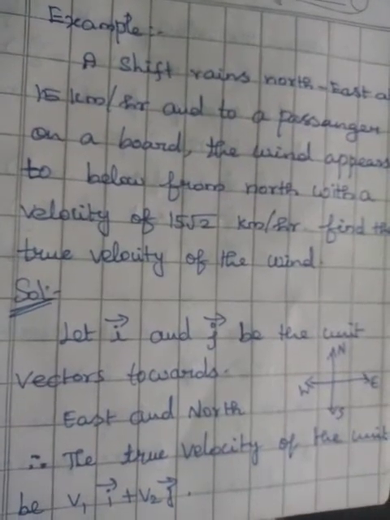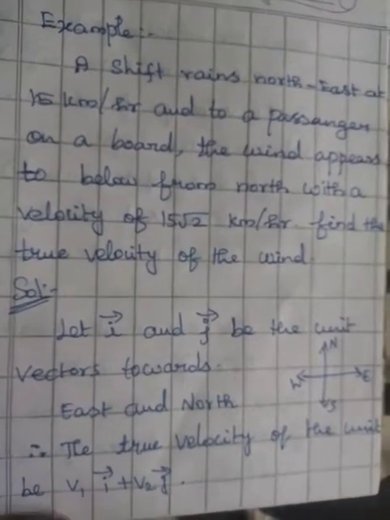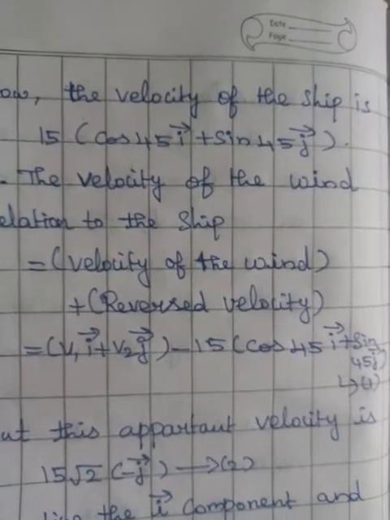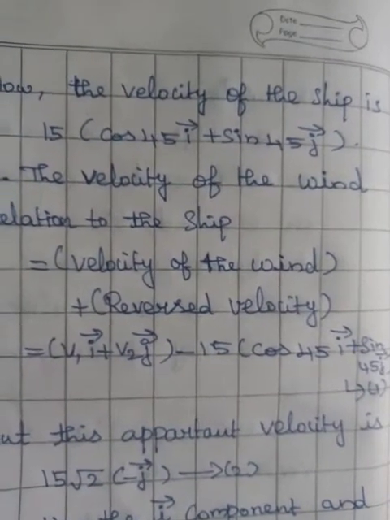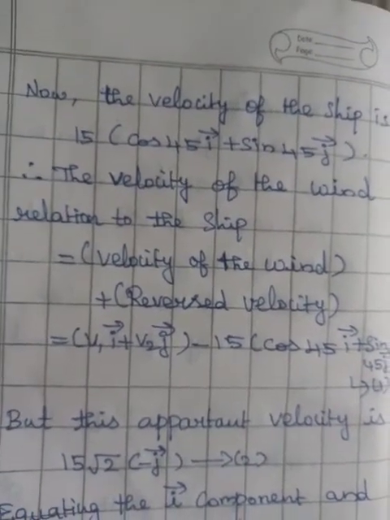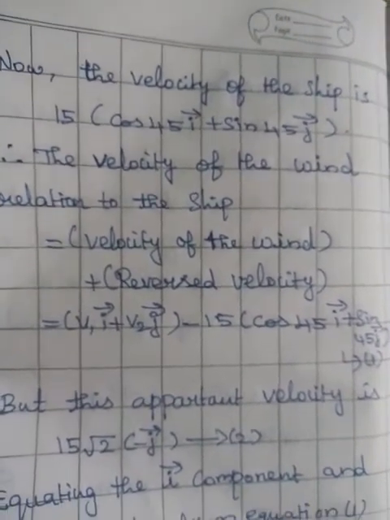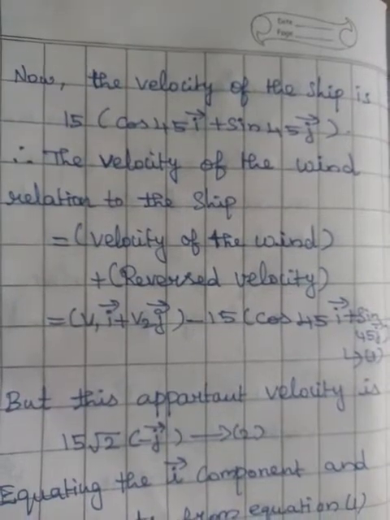Therefore, let the true velocity of the wind be v1 i vector plus v2 j vector. Now the velocity of the ship is 15 into (cos 45 i vector plus sin 45 j vector).